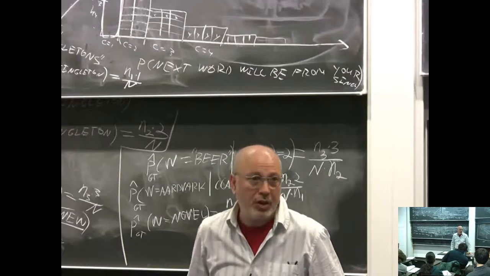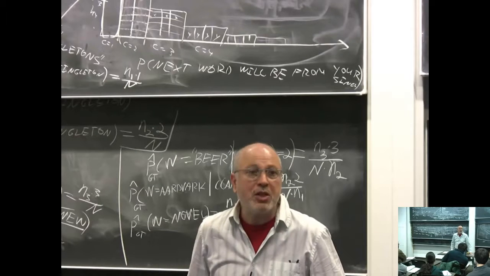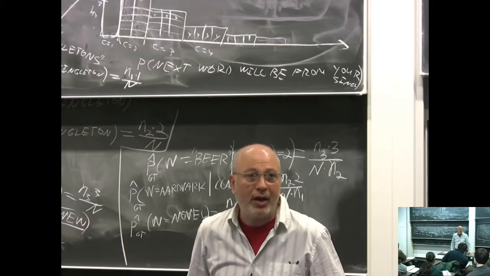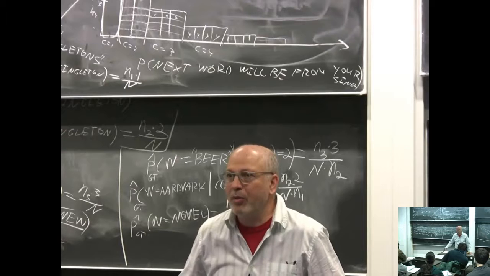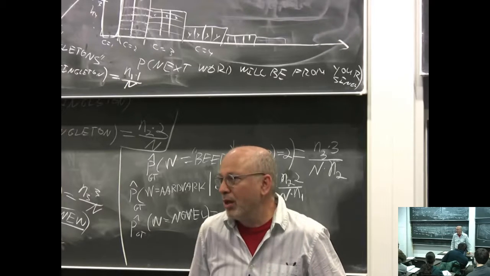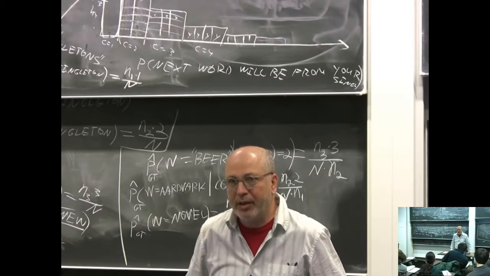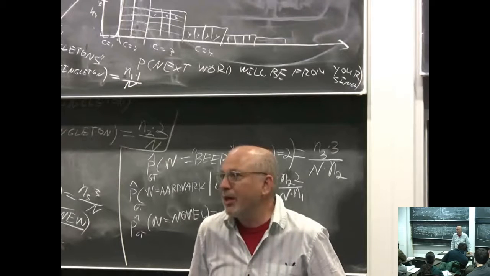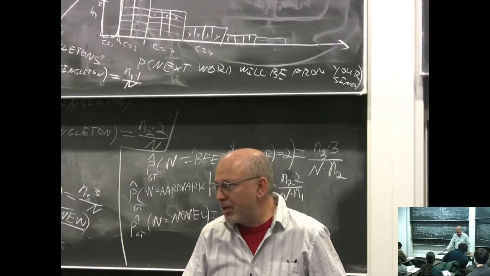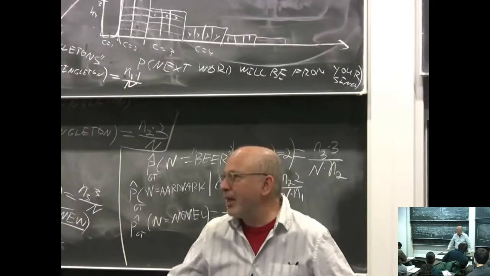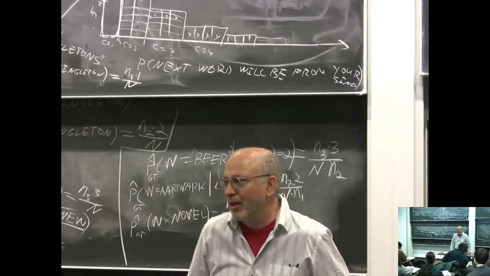When should you not use it? When the size of your sample is large enough relative to the number of categories that you don't have this long tail anymore. Let's say your language has only 1,000 words, and you saw 1,000 word types, and you saw 1,000,000 tokens. Unless the distribution is super skewed, even if it is slightly skewed, chances are you saw many examples of every category, of every word.